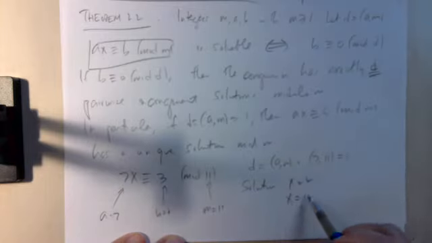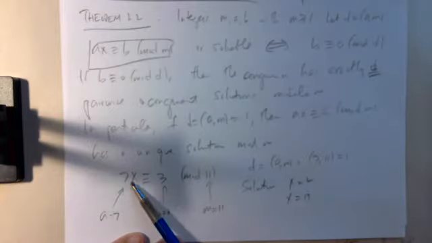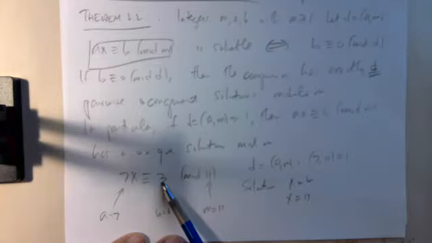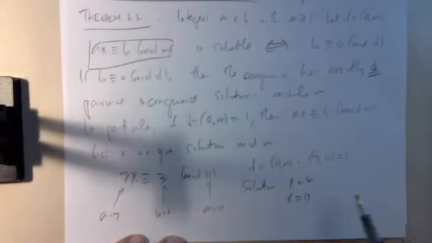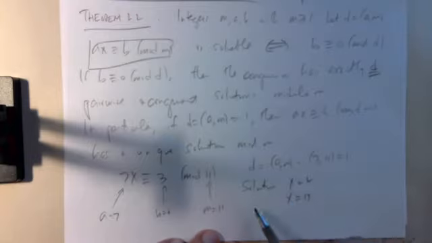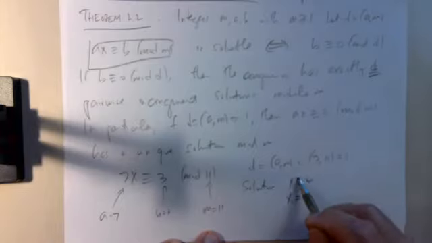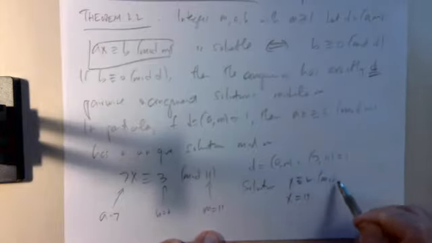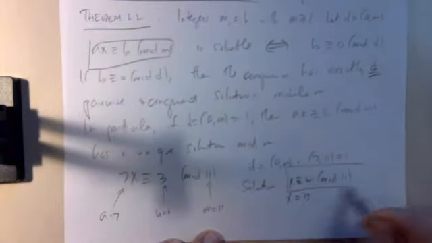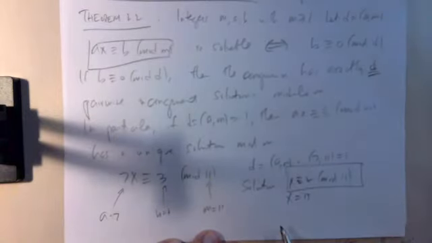Another solution would be x equals 13, because 7 times 13 is 91. Take away 3 is 88, which is divisible by 11, but 13 is congruent to 2 mod 11. So these are two solutions, but they're not distinct mod 11. So all solutions of this congruence are all x congruent to 2 mod 11, like 13.